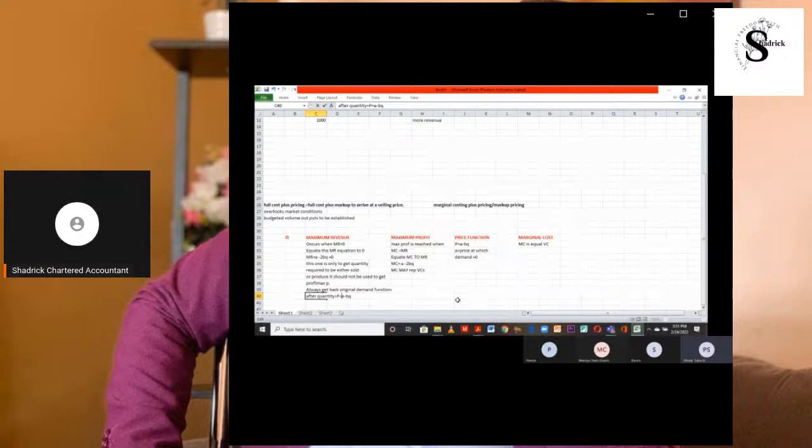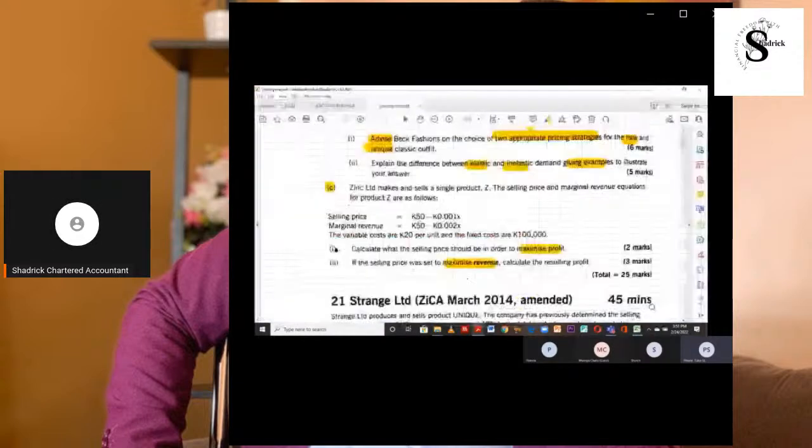So once you get the quantity, always go back to the original demand function.